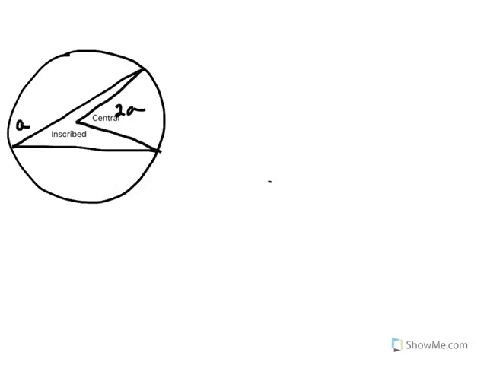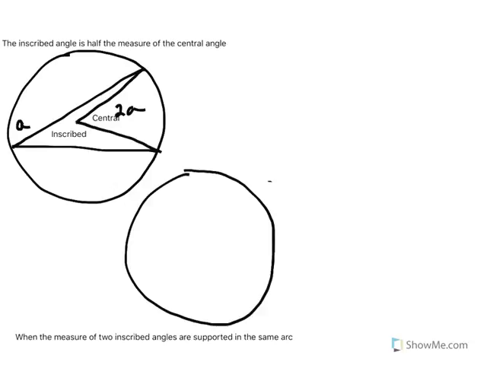The next type of relationship that's created by inscribed angles is when two inscribed angles are supported in the same arc. When two inscribed angles are supported in the same arc, it creates two congruent angles. So let's draw our first inscribed angle. It's going to go right here, and this is the arc that it supports. Okay?